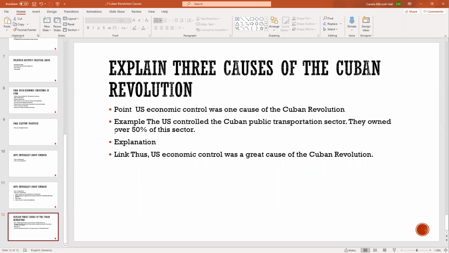They were not really sure if they were truly independent or not because another country controlled them. So you explain the point and then you link it. Therefore, that led to the Cuban Revolution. This is how you PEEL to answer a question.